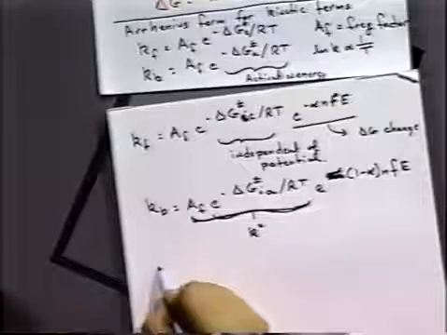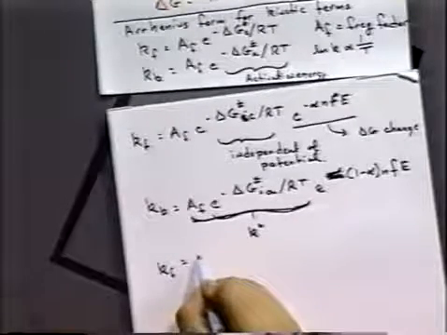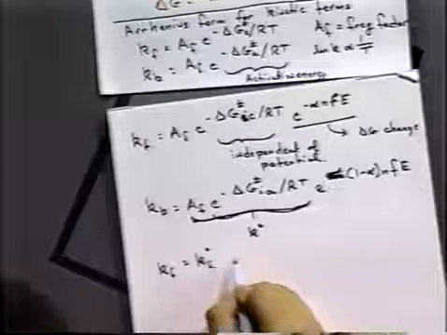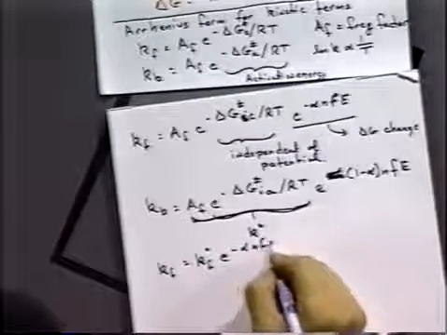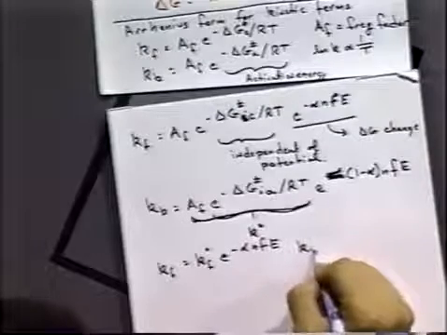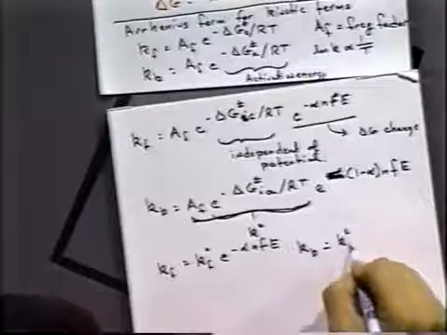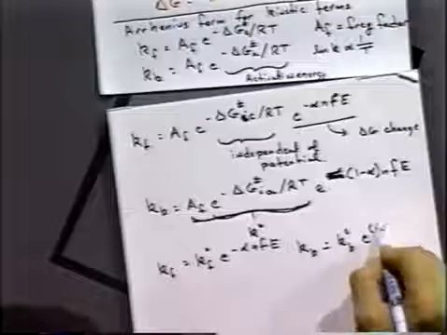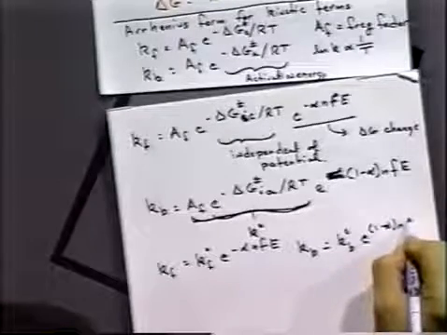And so Kf is equal to K0f e to the minus alpha nFE. In the case of B, it is equal to K0b e to the 1 minus alpha nFE.